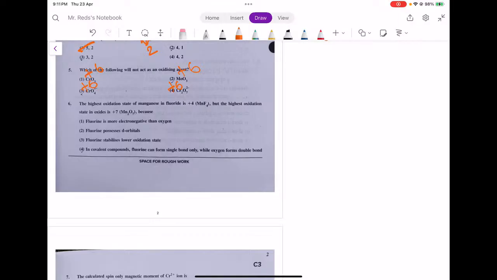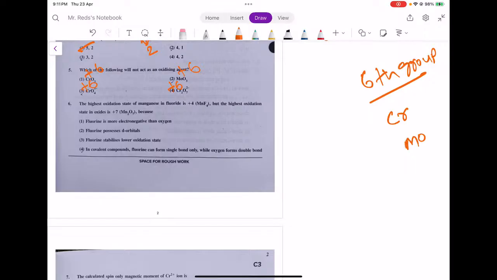Chromium is the 6th group element, and molybdenum is also in the 6th group.